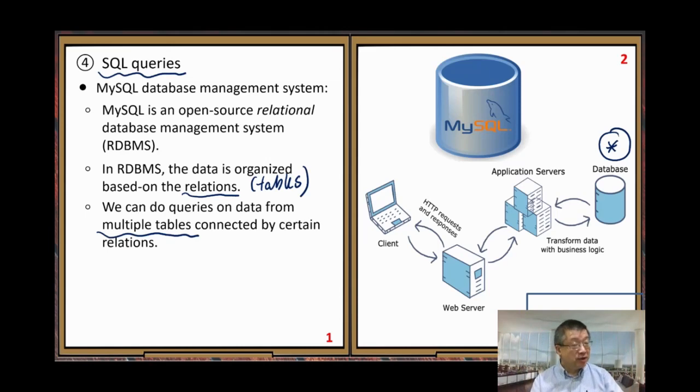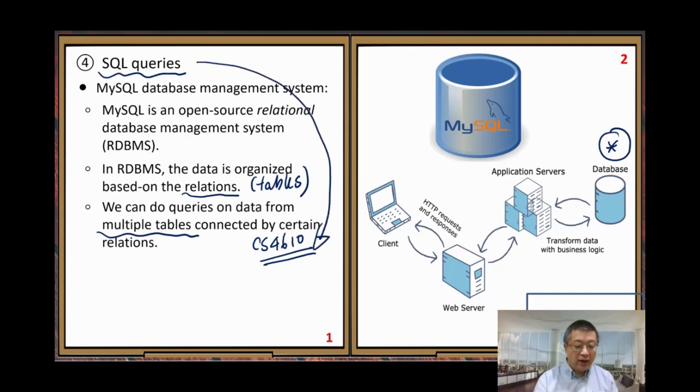To understand that part, that is usually covered in the database management system course, CS 4610. There you will learn a lot about SQL queries and many concepts and theory used for DBMS.